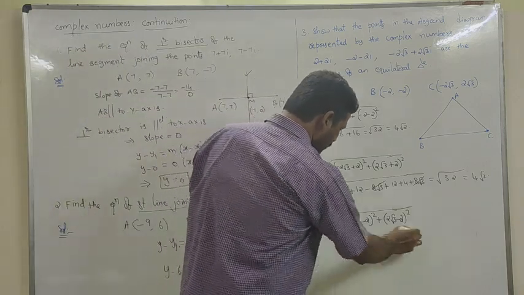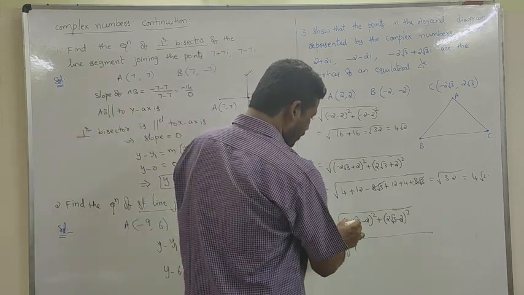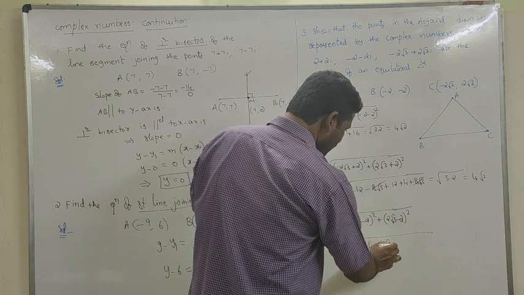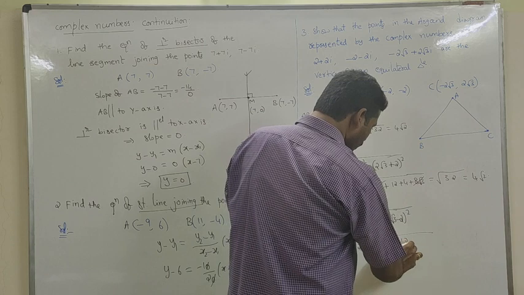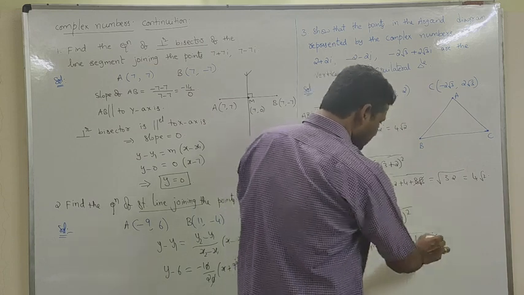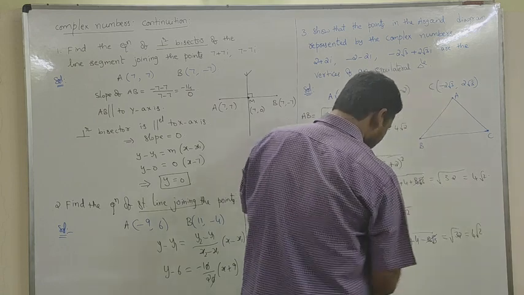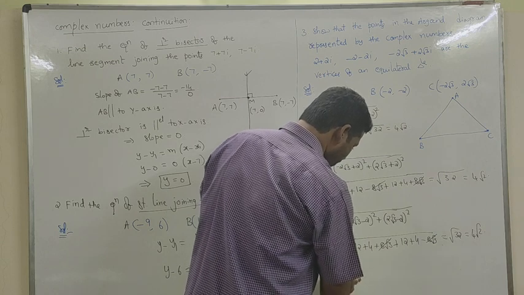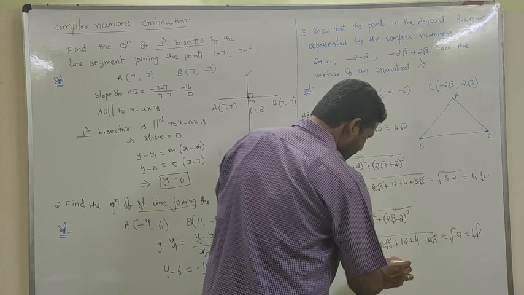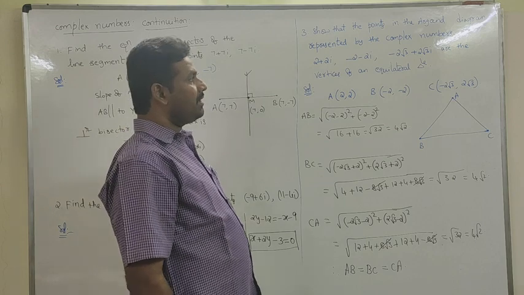This is a plus b whole square, taking minus common: 2 root 3 whole square 12 plus 4 plus 8 root 3, plus 12 plus 4 minus 8 root 3. The 8 root 3 cancels, that is equal to square root of 32, that equals 4 root 2. What is the difference? Therefore AB equal to BC equal to CA. Therefore the triangle ABC is an equilateral triangle.